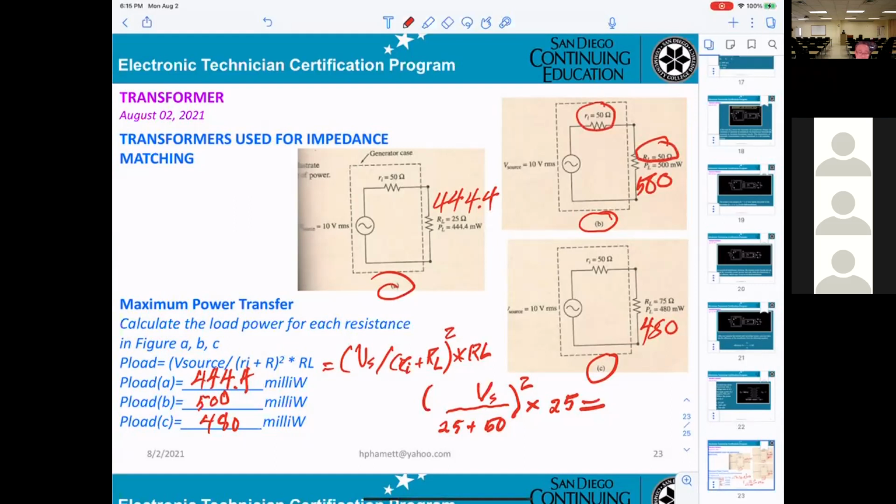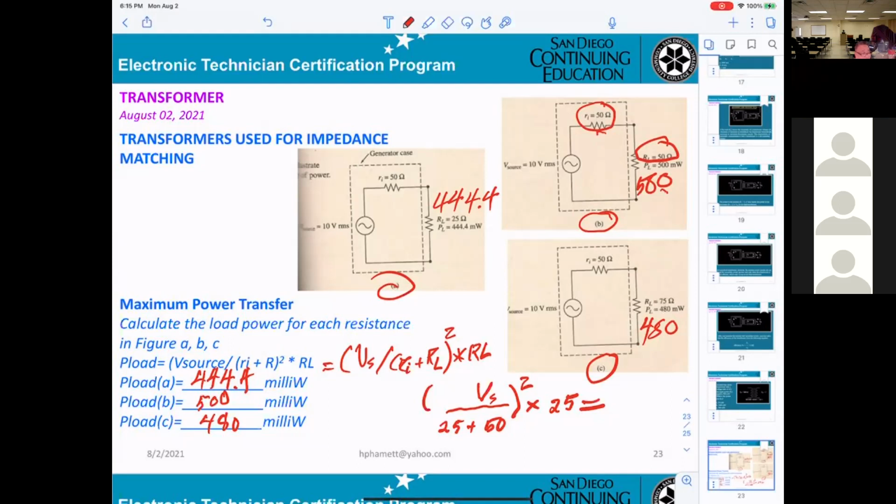Hey, Mr. Pham, so on letter B, like you said, is impedance matching because you got 50 and 50, but on letter A you got 50 and 25, and letter C you got 50 and 75. And those A and C don't match impedance-wise. Exactly. In order to get the maximum power, the impedance of the generator and the impedance of the load have to be equal. Exactly.